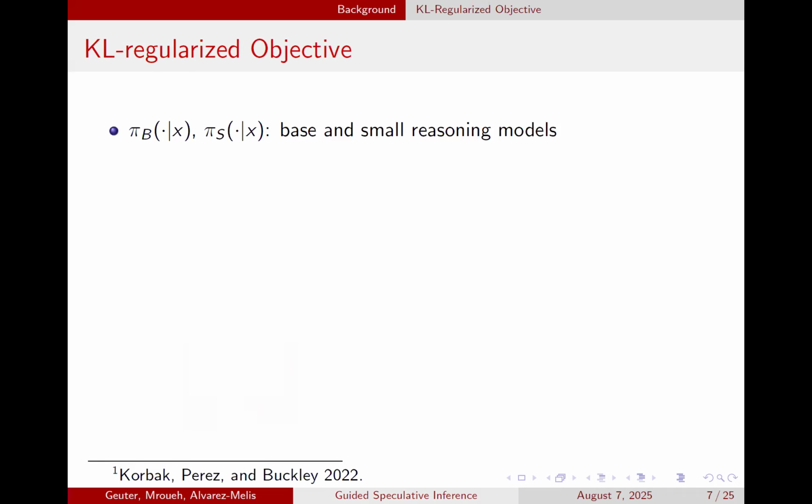Okay, so now let's jump into this KL regularized objective and also some notation first. I'll denote the big model and the small model as πB and πS. Given some input X, these are distributions over the vocabulary of the model.